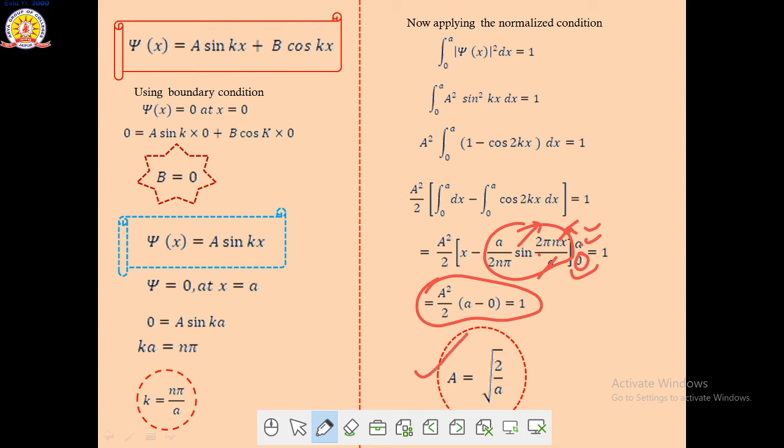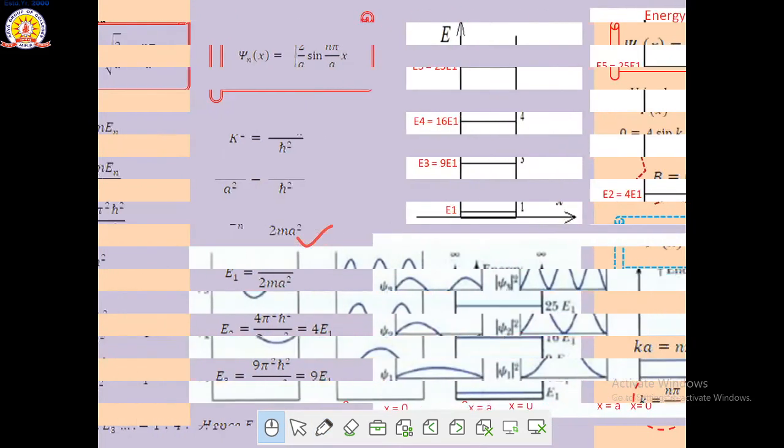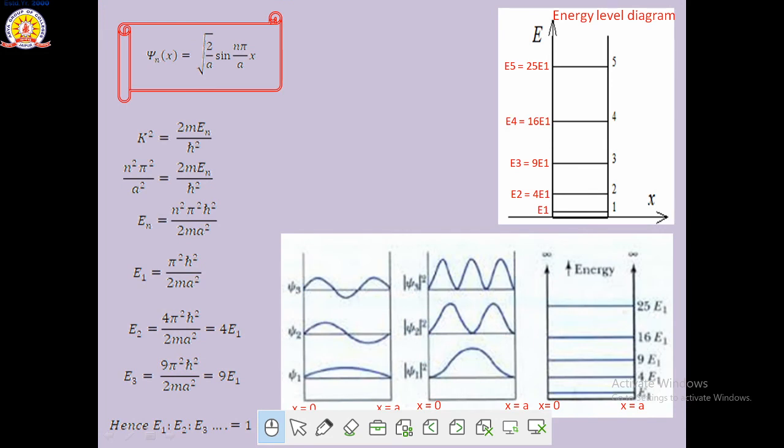The value of the capital A. So the capital A will be like that, under root 2 upon a. So put that value of the capital A in that given equation, and put the value of k. After putting all these values in that equation, you will get the eigenwave function of the one-dimensional box like that.